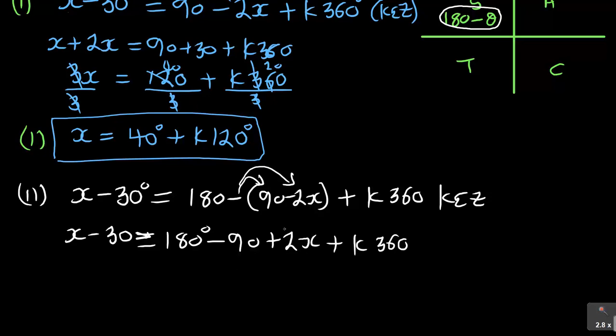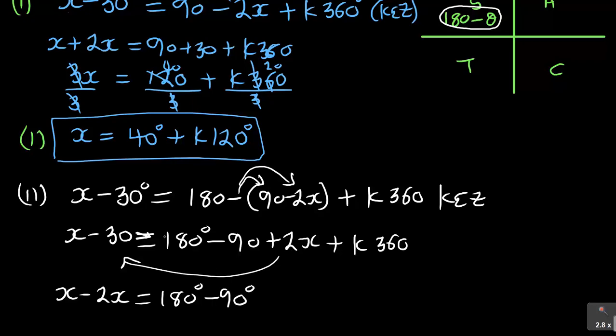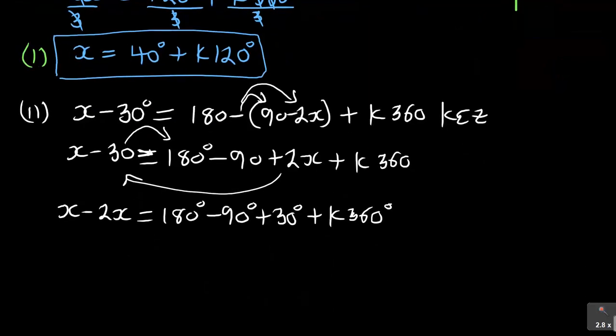Now collect like terms. The 2x will go to the other side becoming negative, so it's x minus 2x is equal to 180 degrees minus 90 degrees. The 30 will come and add, becoming plus 30 degrees plus k 360 degrees.